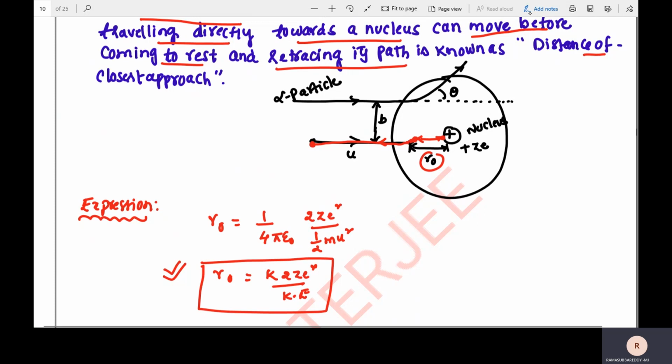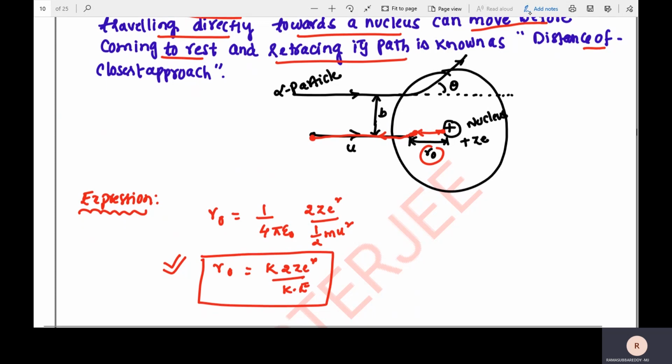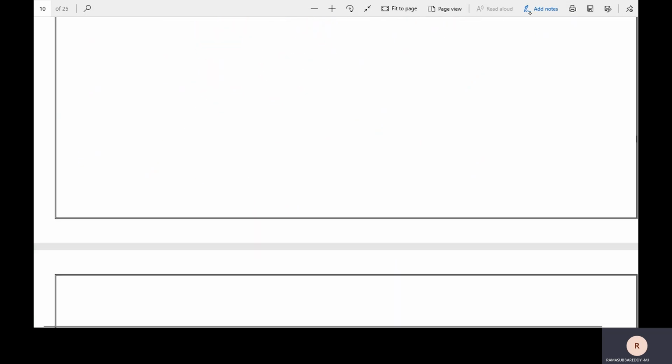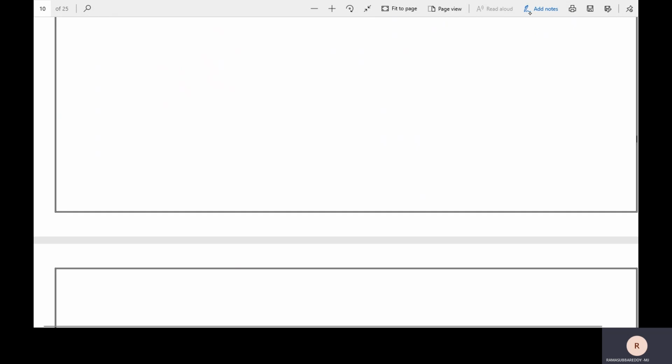Now we'll see the Rutherford nuclear model of atom. For this, the derivation is known. You have to remember this formula for solving the problems. Next, Rutherford's nuclear model of atom. What is the Rutherford nuclear model of atom?